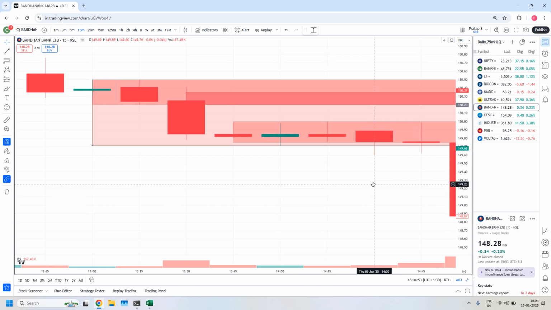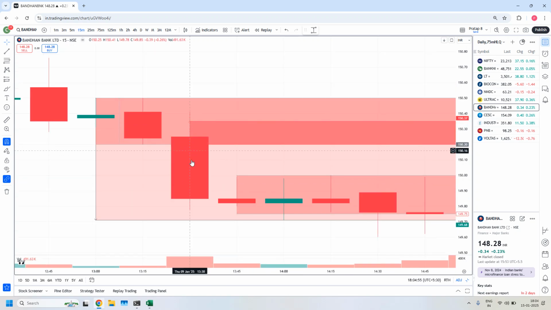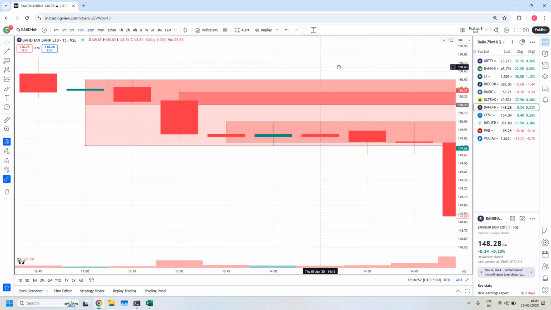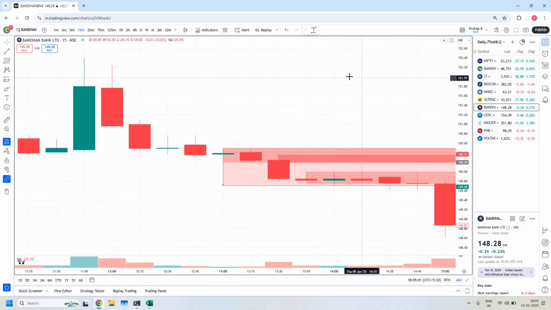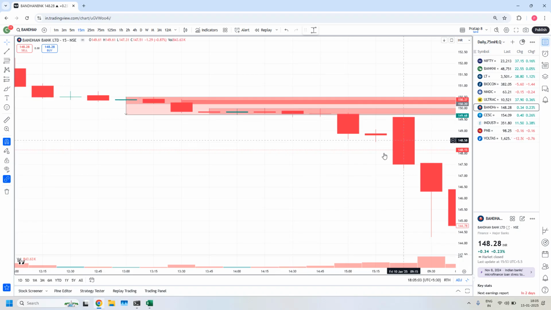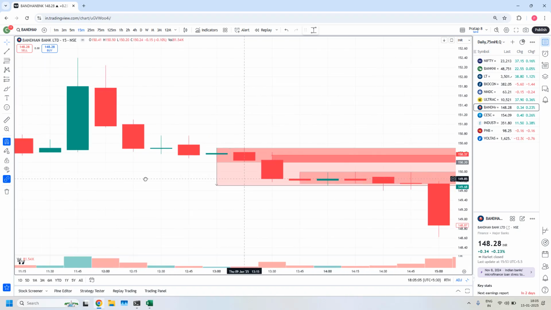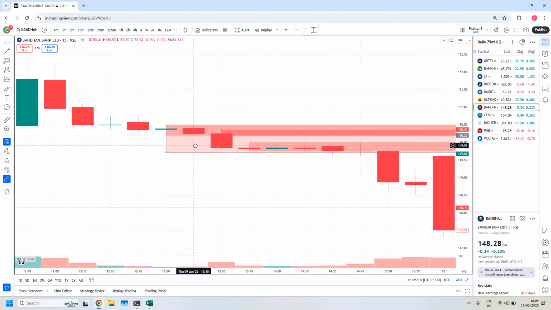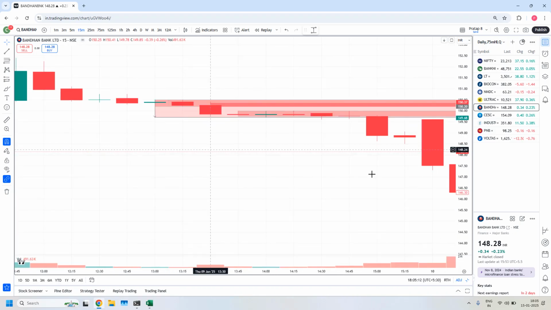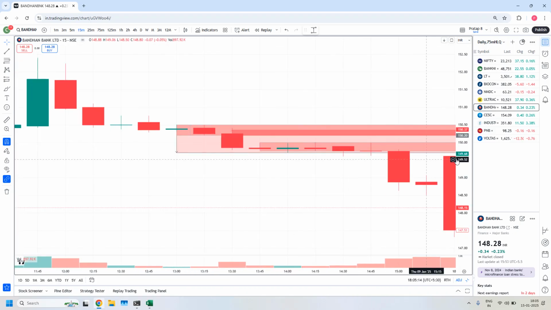See, the moment I hide this high explosive candle, it looks very big, right? The moment I show it, all of a sudden the candle size changes. That's the biggest problem with the chart sometimes. Some large candles make the remaining candles very small because of charting. But if you look at how big it is on the scale, you understand.